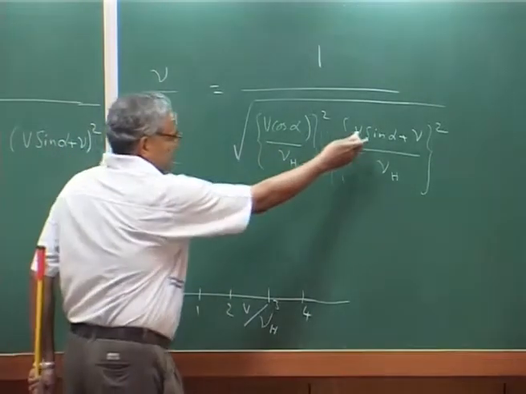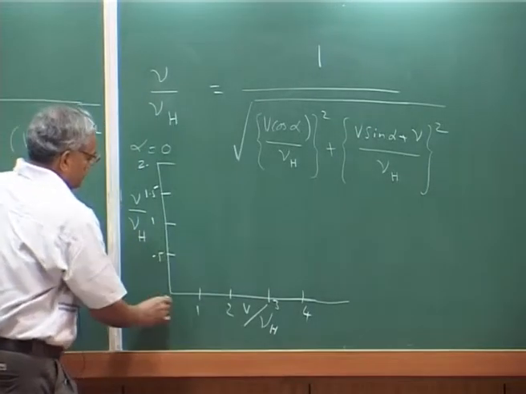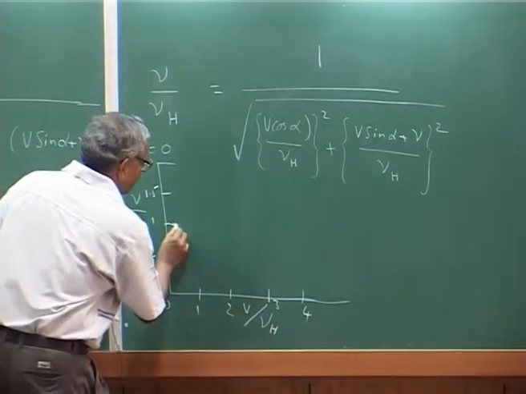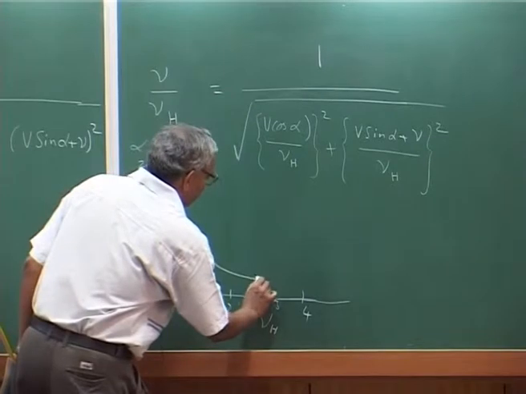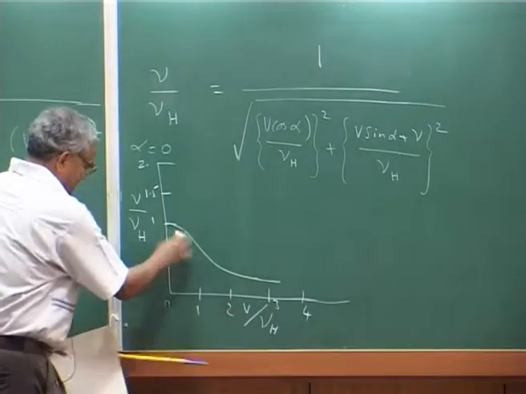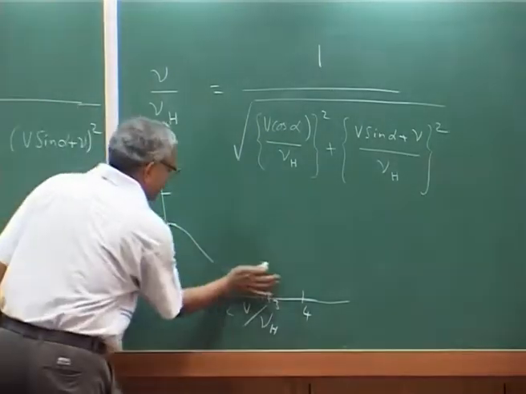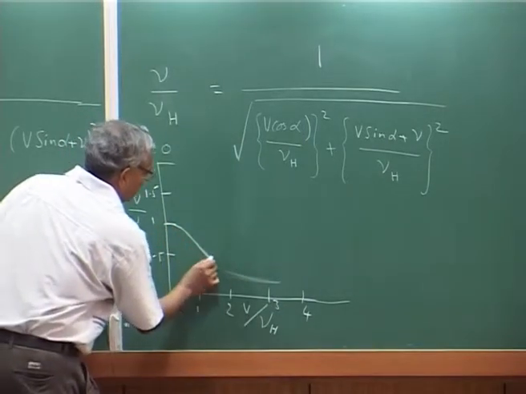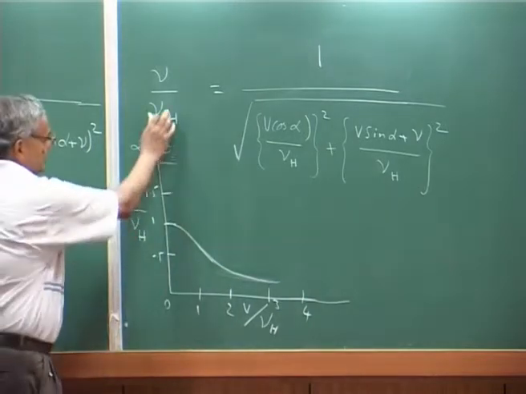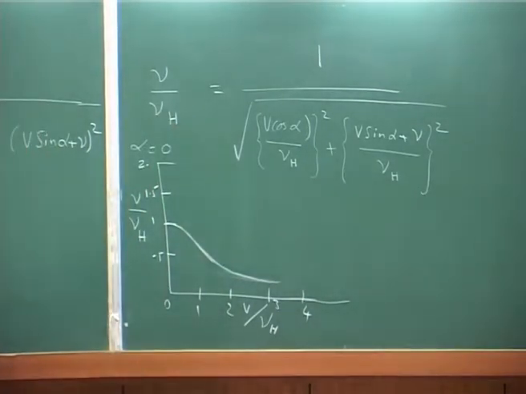Because alpha is 0, the value is 1 at nu over nu h, and the curve will start and go like this, or maybe it is a little sharper. This is the momentum theory in forward flight, nothing else. How inflow varies with forward speed, that is all.